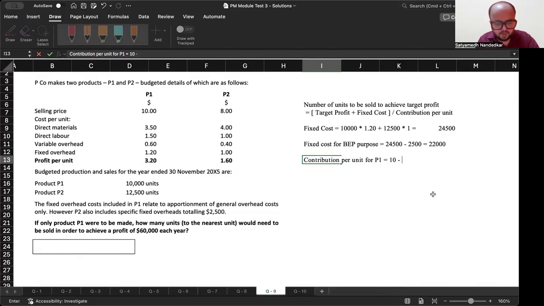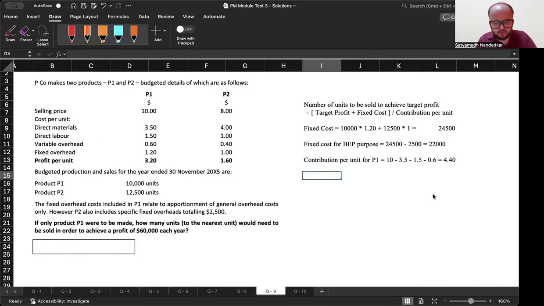Contribution per unit for P1: 10 minus direct material 3.5 minus direct labor 1.5 minus 0.6. How much is that? 10 minus 5 is 5. 5 minus 0.6 is 4.40.